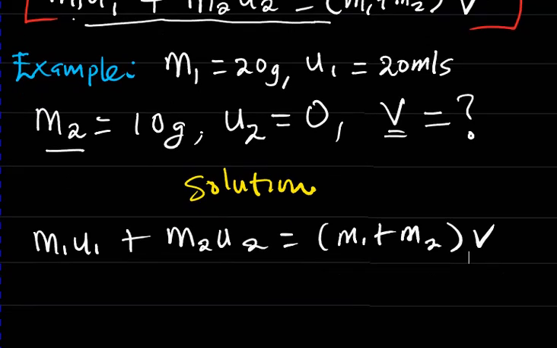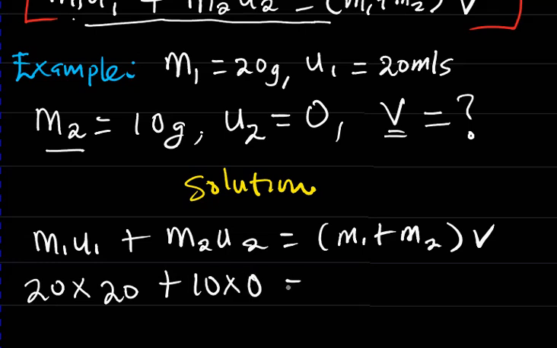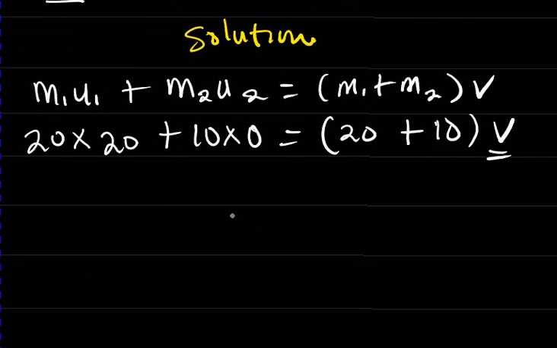Let's see what we have. m1 is 20, times u1, which is 20, plus m2, which is 10, multiplied by u2, which is 0. That equals 20 plus 10, m1 20, m2 10, multiplied by v. We're looking for v. 20 times 20 is 400, plus 0 is equal to 30v.